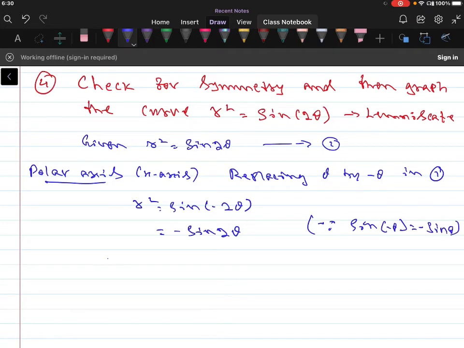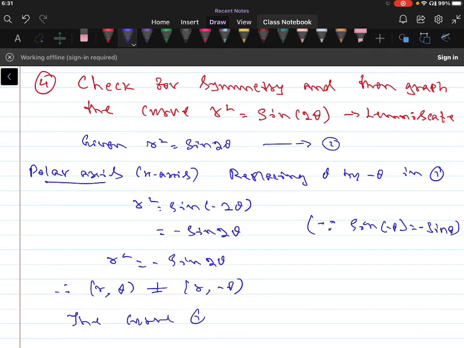Therefore r square is equal to minus sine 2 theta, which is not equation 1. So therefore r comma theta is not equal to r comma minus theta. So hence the curve 1 is not symmetric about the x-axis.